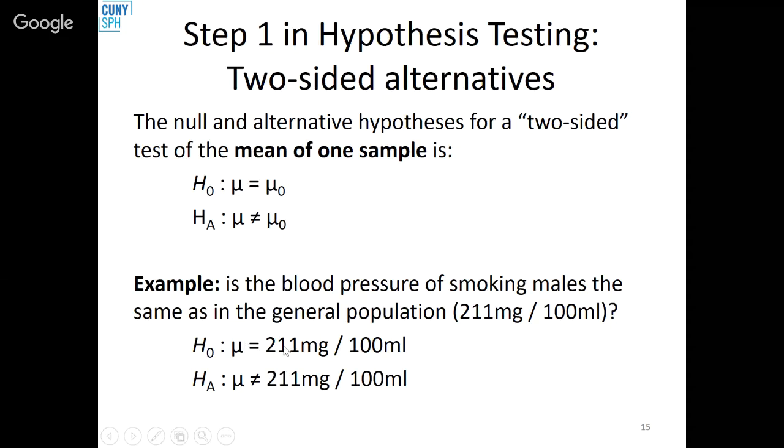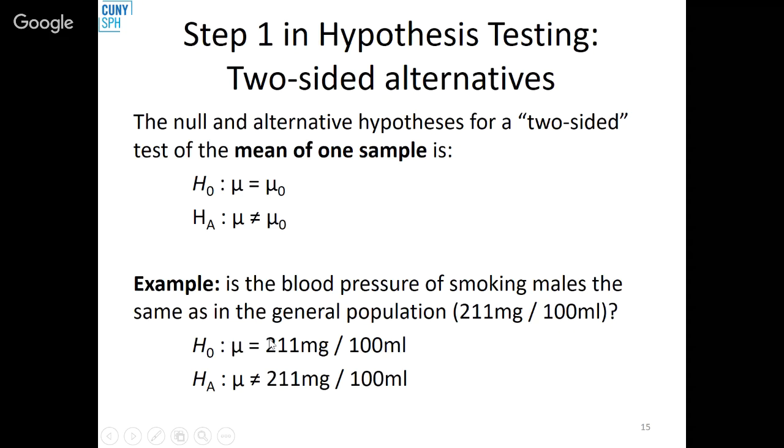So this is another example of a correct statement of the null and alternative hypothesis, where I just put the actual numbers here. This is a good way to state it as well, rather than having to put mu zero and then say below what mu zero is.